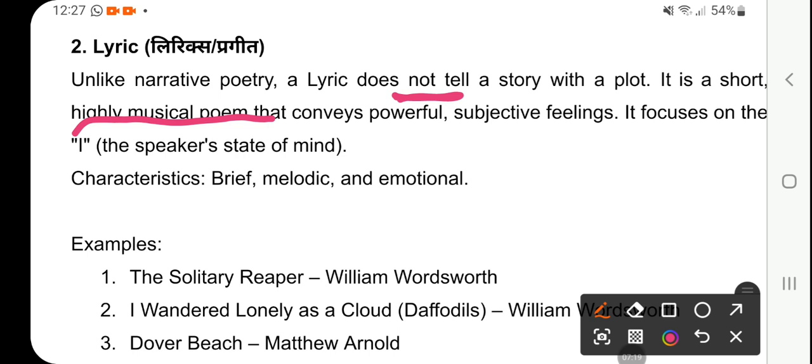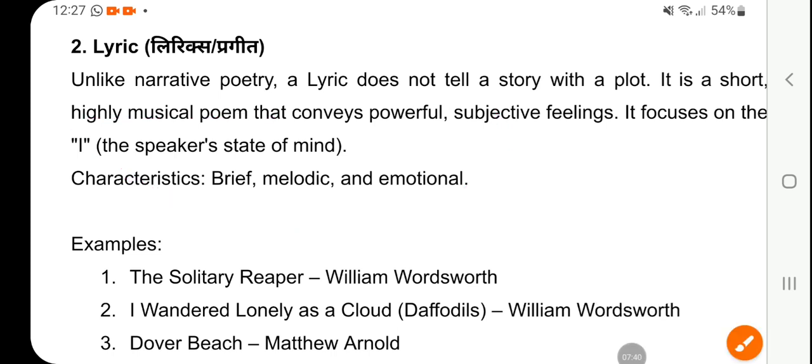It focuses on the I. Subjective means I, the speaker's state of mind. What is the speaker's personal opinion? What does he or she think? This is called a lyric.